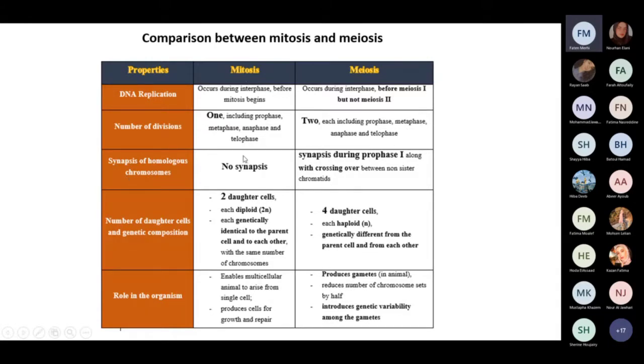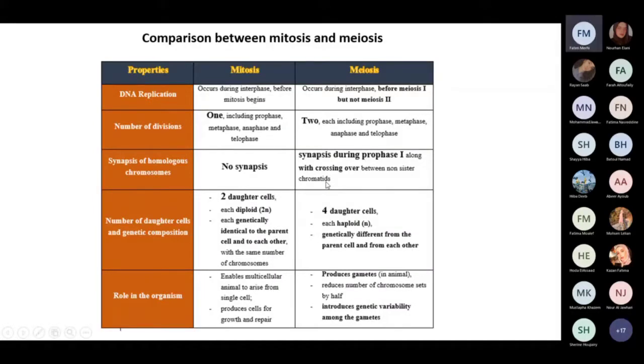In the mitosis, we don't have a synapsis between the chromosomes, so the homologous chromosomes don't attach to each other or get held to each other. However, in the meiosis, we have a synapsis only during the prophase 1. Okay, we have a synapsis during the prophase 1 with crossing over between non-sister chromatids.